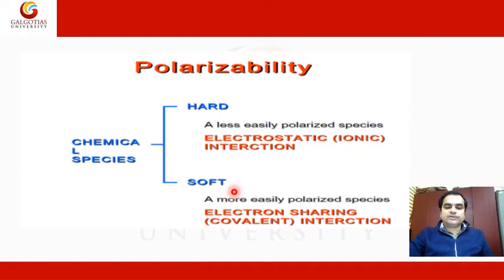Similarly, soft species are more easily polarized, and they make covalent interactions by sharing electrons between them. That type of species is referred to as the soft category.